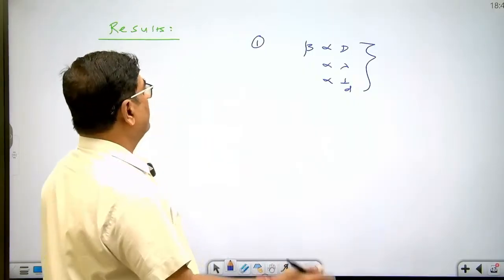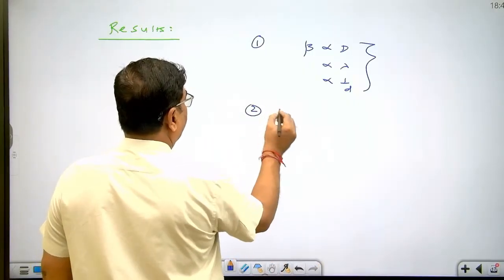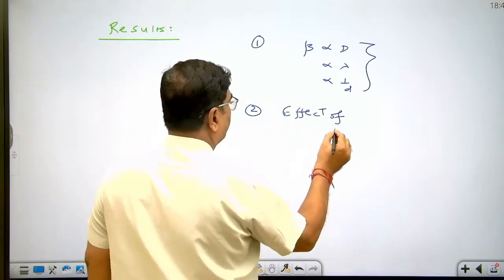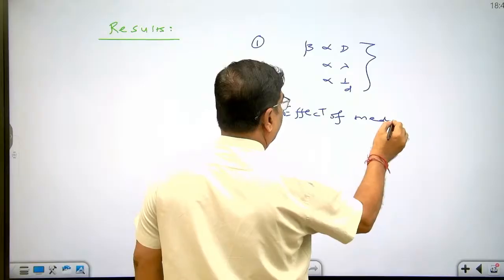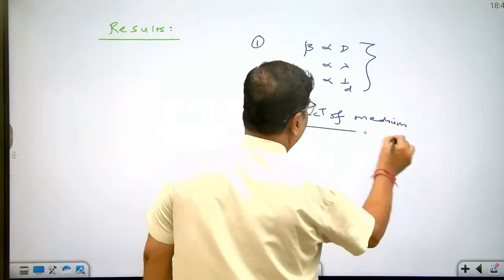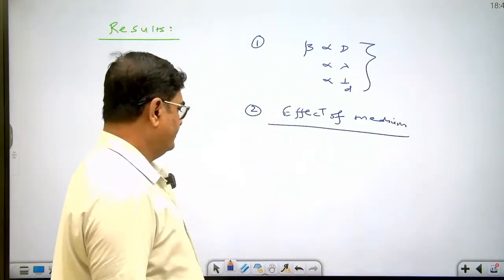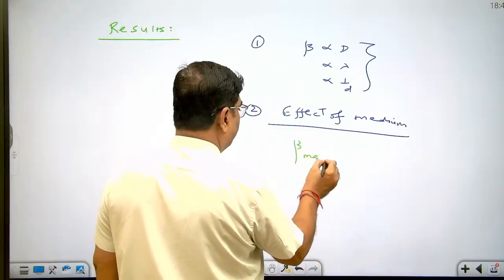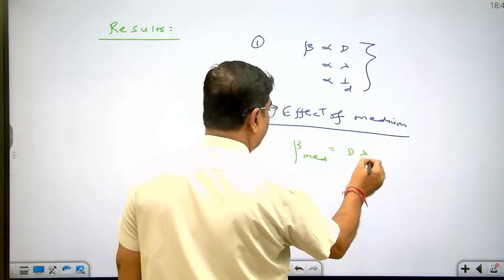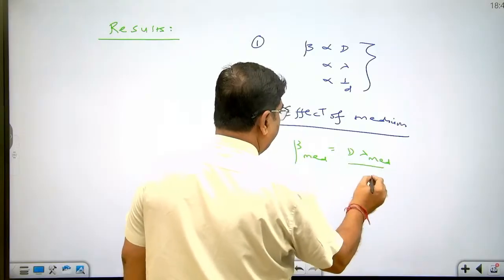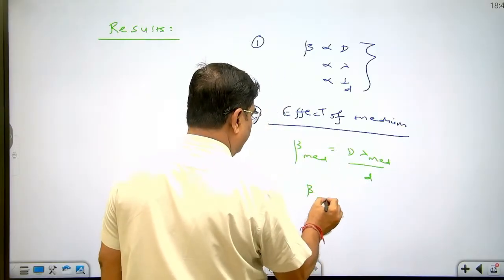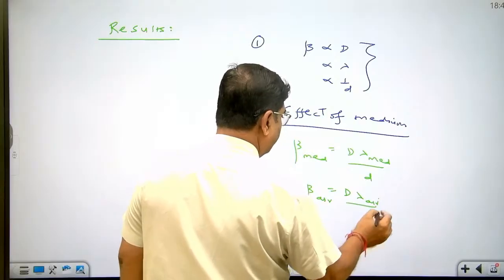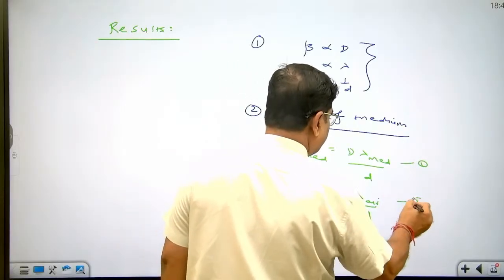Now look, effect of medium. This is a very important relation. Beta medium equal to D lambda medium upon d, and beta air equal to D lambda air upon d. This is equation 1 and this is equation 2.